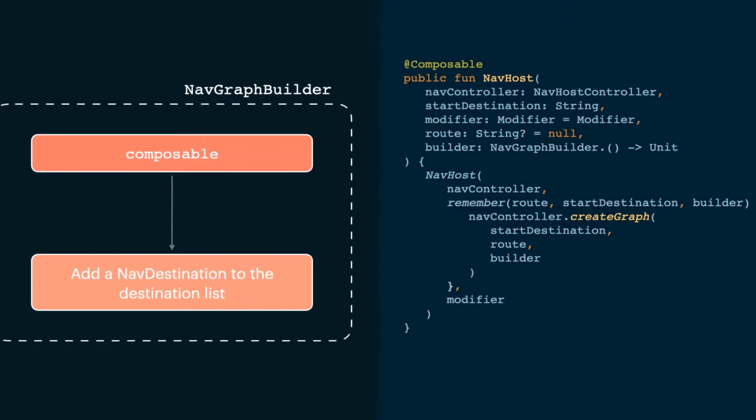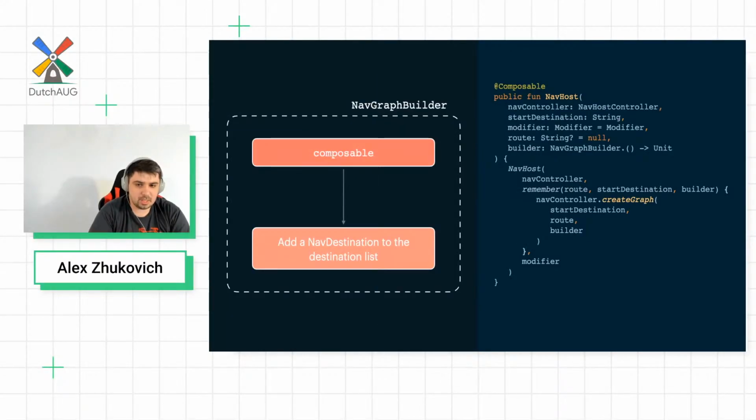The main idea of this function is to add a nav destination to the destination list. And when we have added multiple composable functions which have navigation destinations, at the end the graph will be built. In a pretty similar way, we can also have nested graphs, which will be inside our main graph.